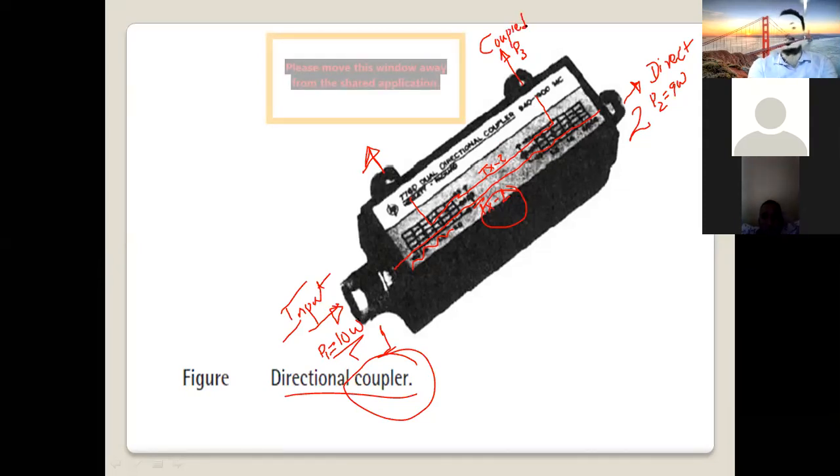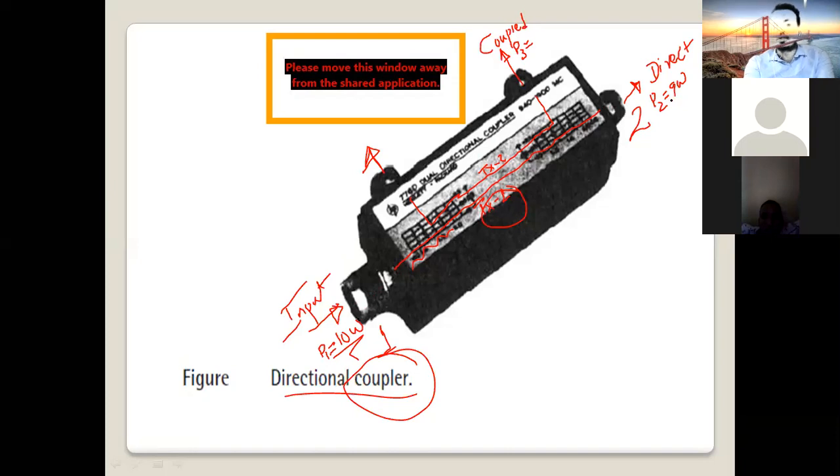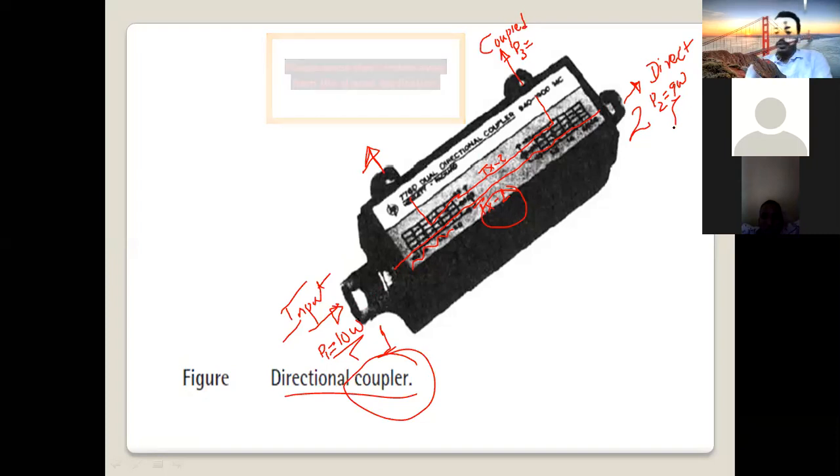Okay, so look here. We apply a 10 watt signal to the input port. So the signal is transmitted directly through transmission line 1, and how much power do we get at port number 2? 9 watt, right? Which is called direct transmission. But a small part will be transferred from transmission line 1 to another transmission line.